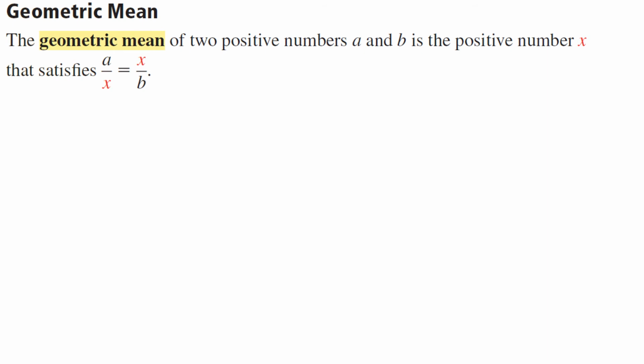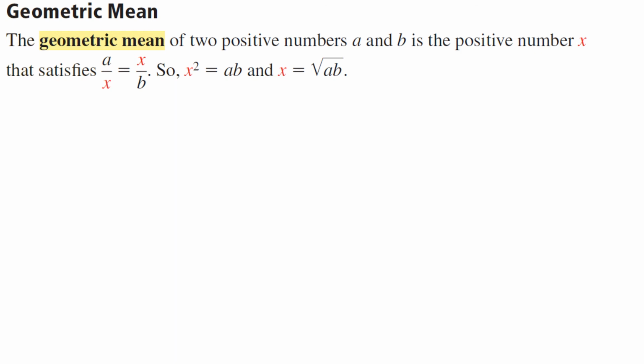And so what we just saw here, of course, in the example, I was using the letter y, but here we've got the x. Notice that when we cross multiply, we end up with x squared. So an arithmetic mean would be if we added 2 numbers together, and then after we added the 2 numbers, we divided by 2.